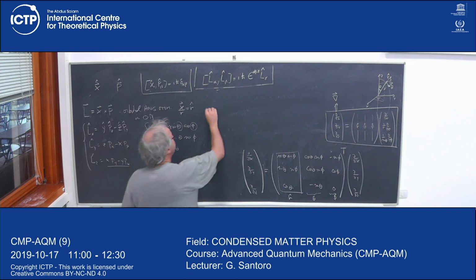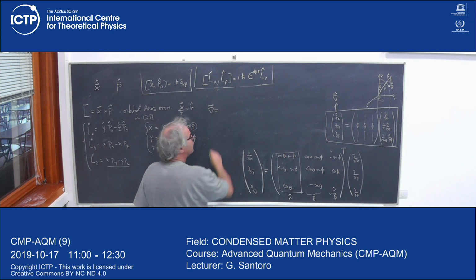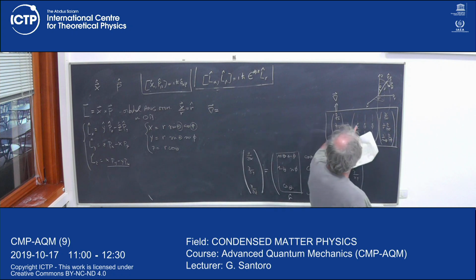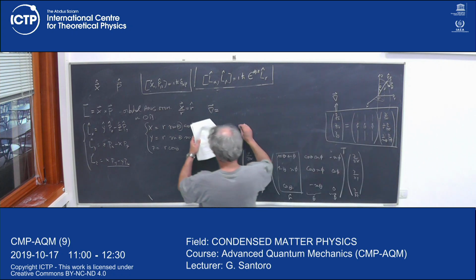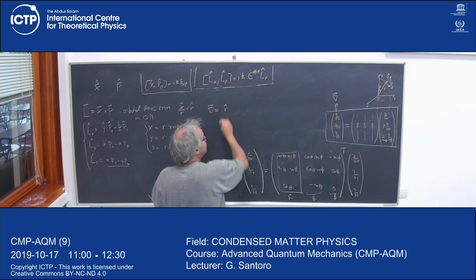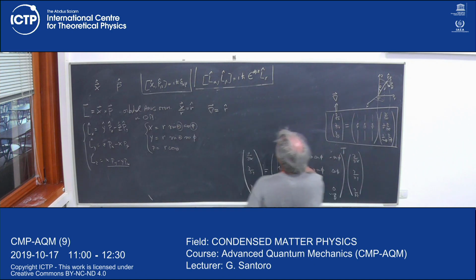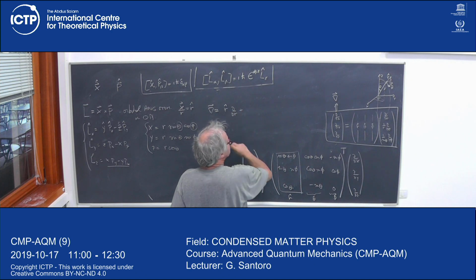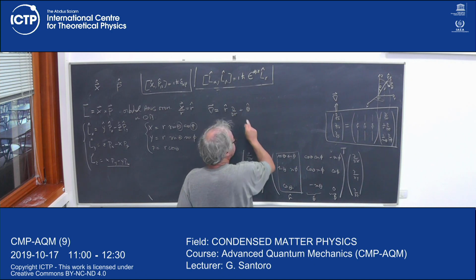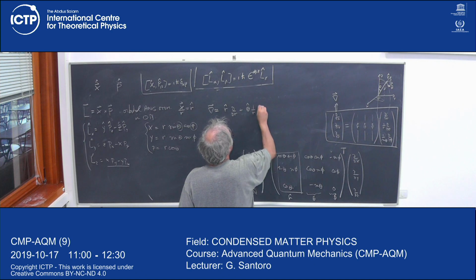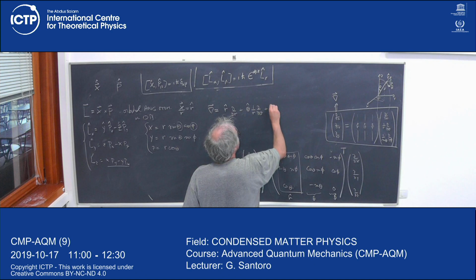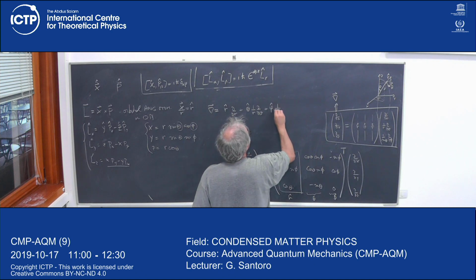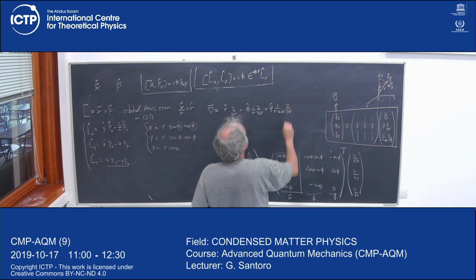So the gradient is equal to r times, I write it first, and then you tell me if you understand it, plus theta 1 over r d/d theta plus phi 1 over r sine theta d/d phi.